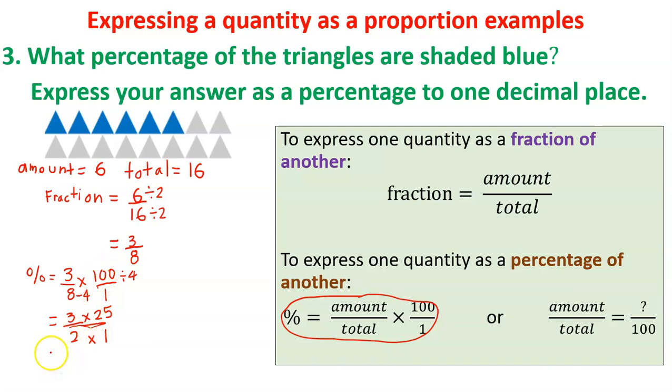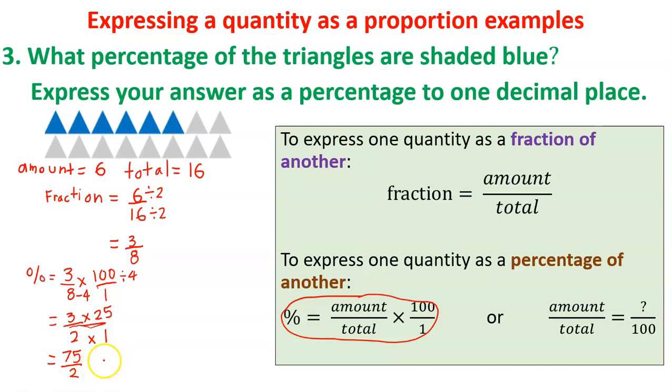Now, what is my fraction going to become? Well, 3 times 25 is 75, and you can use your calculators, over 2. So it looks like it's an improper fraction. Now, it says in the question to express your answer as a percentage to one decimal place. So I now need to convert this fraction into a decimal. And we know from our previous lessons, 75 over 2 actually means 75 divided by 2.